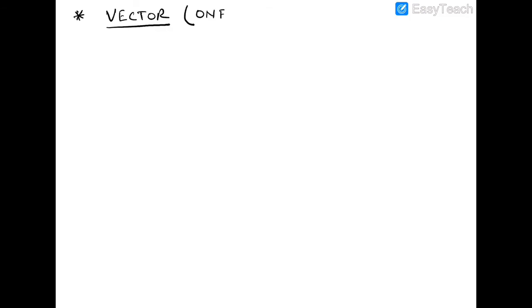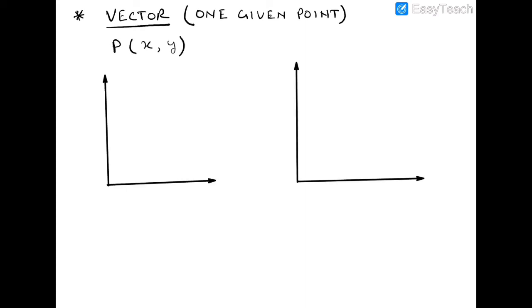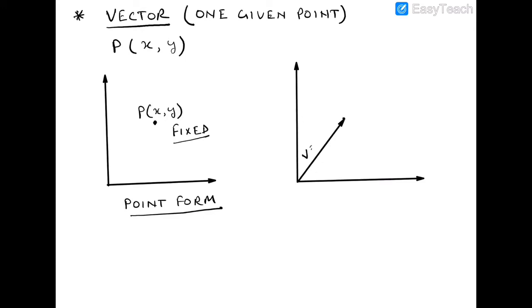Now, when one point is given, and suppose that point is P(x, y), then in point form it will be a fixed point on a plane, whereas in line form there could be infinitely many line segments of the same magnitude and in the same direction.